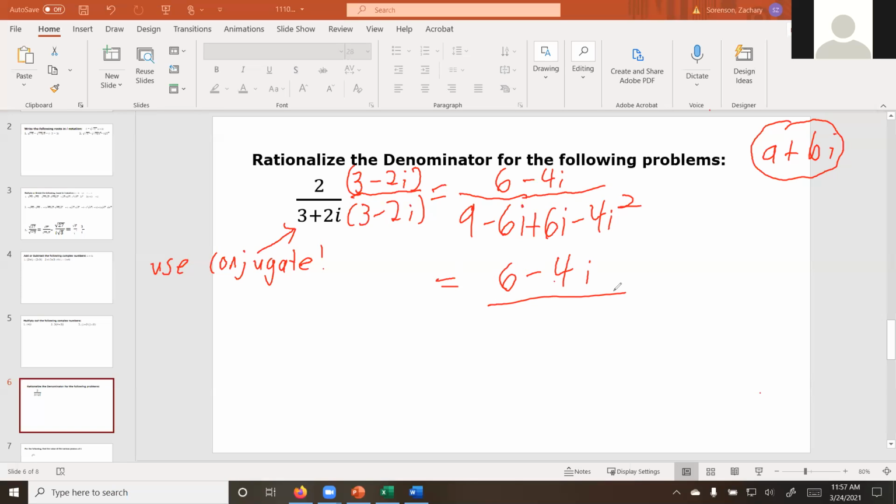What does my bottom simplify to? Would it be 9 minus 4i squared? So my 6i's cancel out, negative, positive, which should come as no surprise. If they didn't cancel out, I didn't actually get rid of the i's. I didn't use the conjugate, or maybe I multiplied it incorrectly. So my 6i's cancel out. Okay, now what do I do?